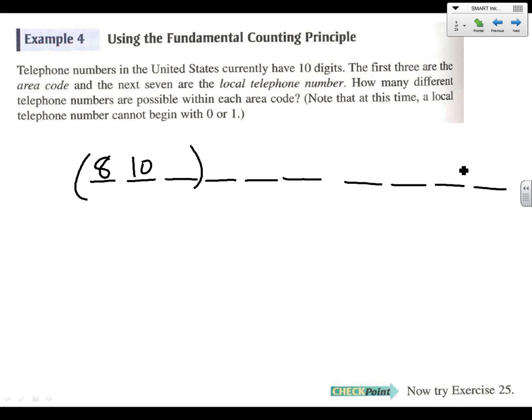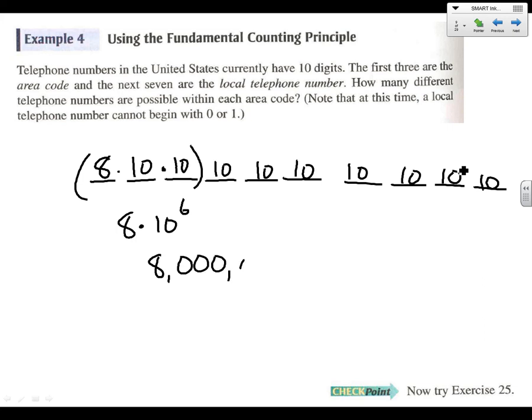And then there's 10 options that could go in each of the other spots, because these numbers could be 0 all the way up to 9. All right, so for simplicity's sake, that's 8 times, remember we're multiplying all these numbers here, 10 to the 6th. So that means 8 with 6 zeros, otherwise known as 8 million.